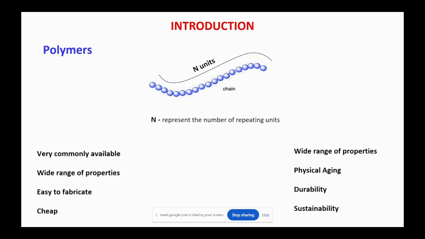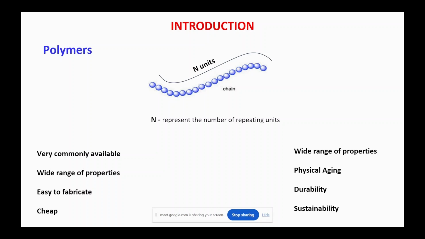So polymers can be melted, and then they can be compressed into multiple other shapes using different processing techniques. So polymer processing itself is one branch of study. If people are interested, there is a separate area for this called polymer processing.